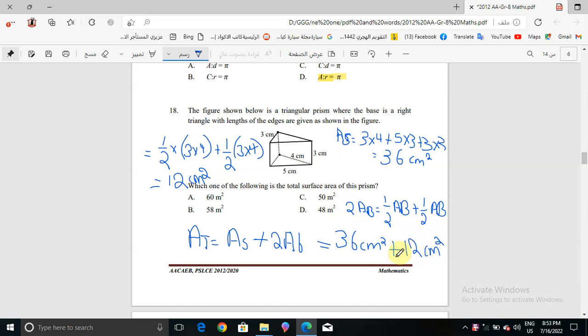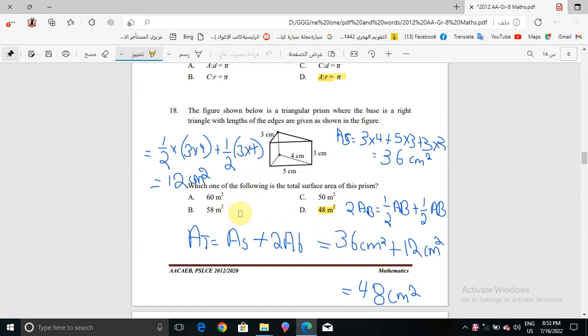So that means the final answer for this question will be 48 centimeter squared. That means our answer is in choice D. Choice D having 48 centimeters squared.